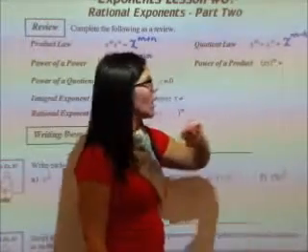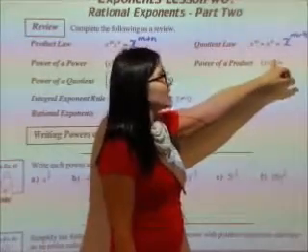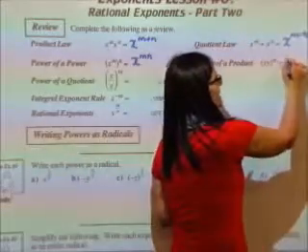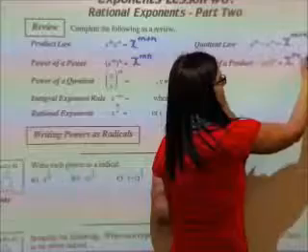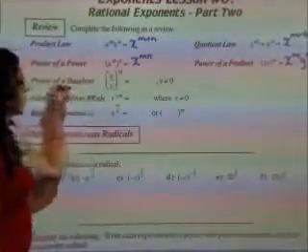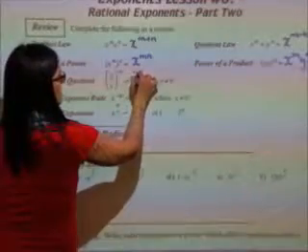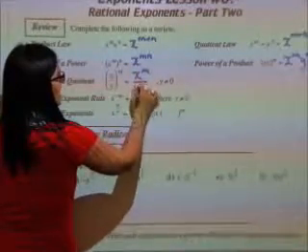The product of a power law states that whatever the exponent is outside the brackets will go into both parts inside the brackets. And the quotient, or power of a quotient law, says the same thing. It goes to both parts inside.